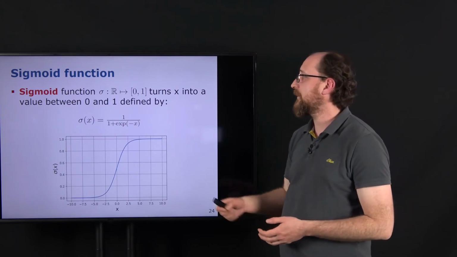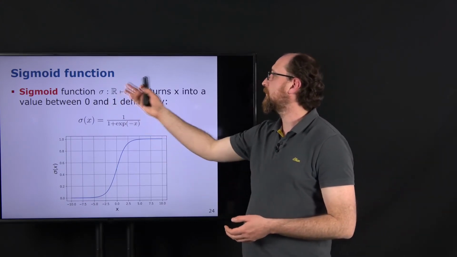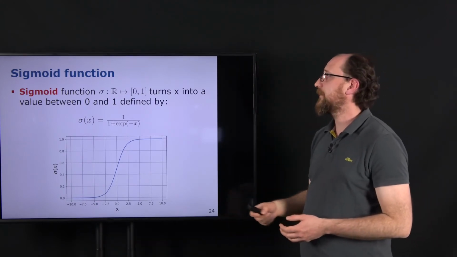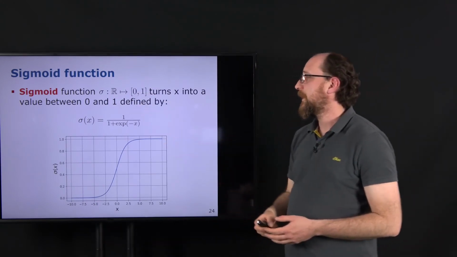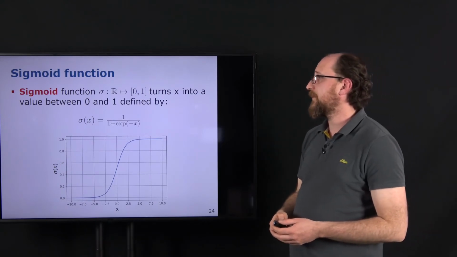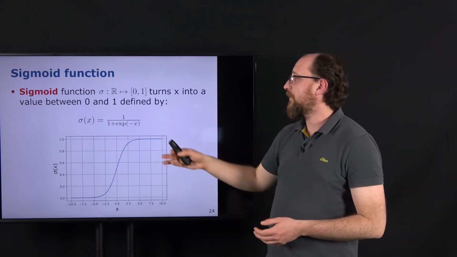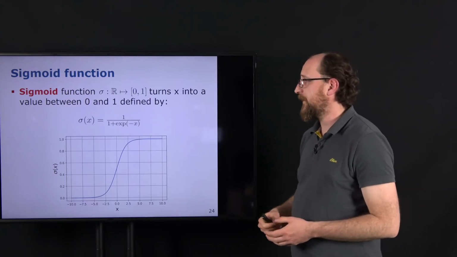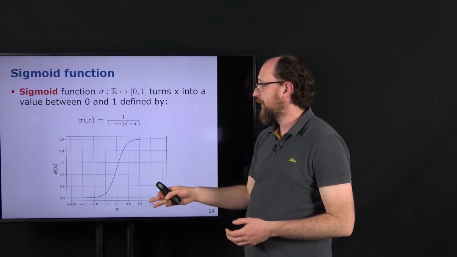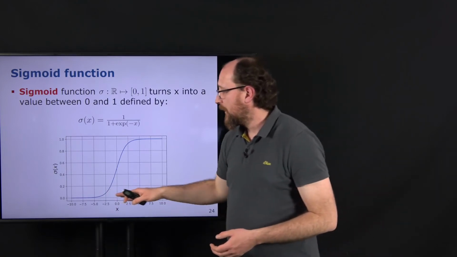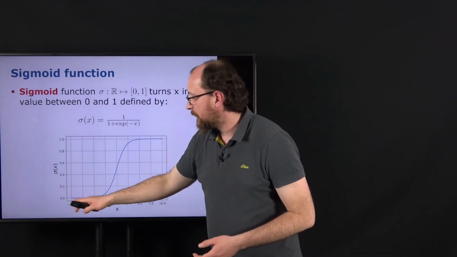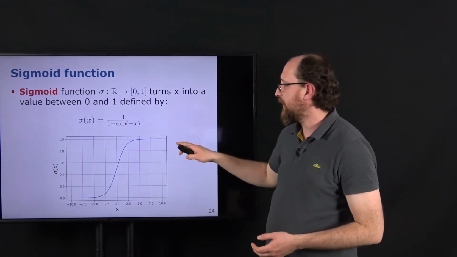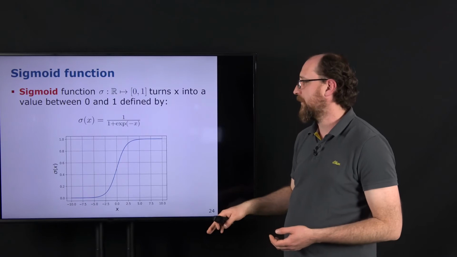We put in a real value from -infinity to infinity, and we get out a value that ranges from 0 to 1. The sigmoid function is defined by 1 over 1 plus the exponential of -x. When we plot this, we can see that for negative values it approaches 0, and for positive values it approaches 1.